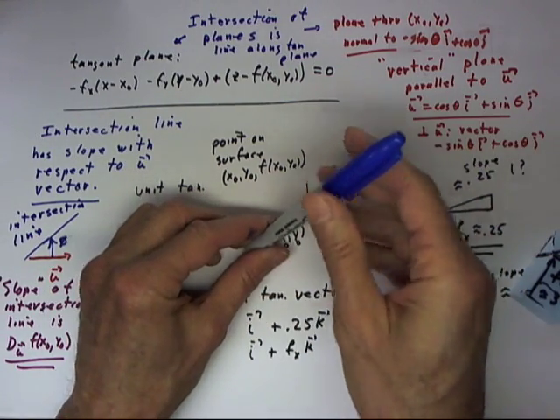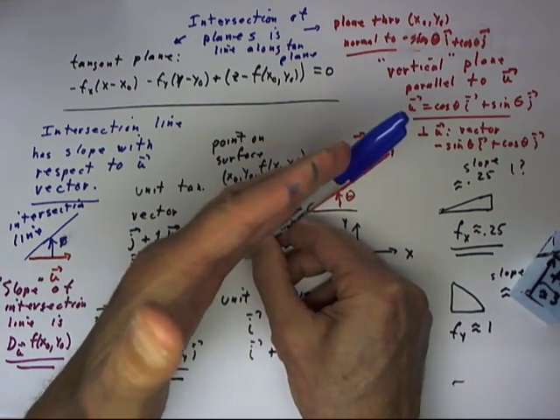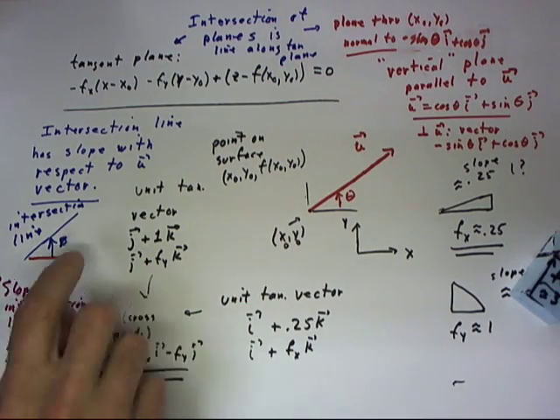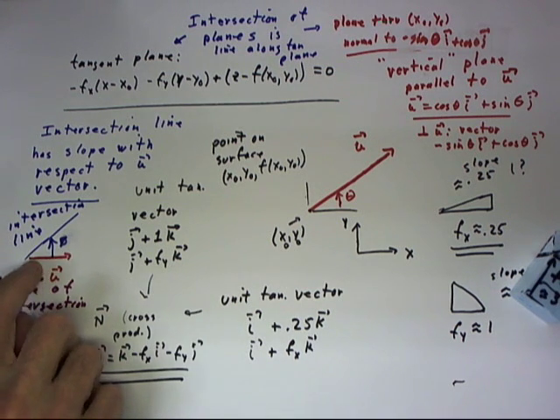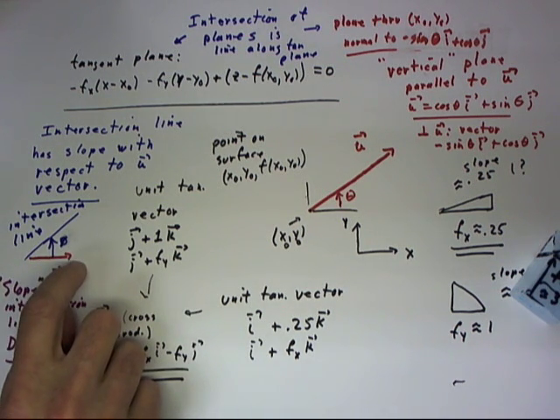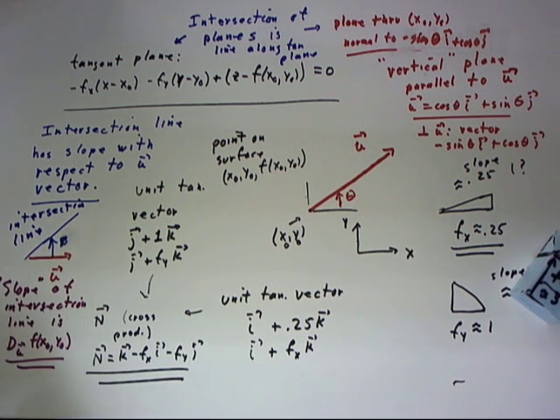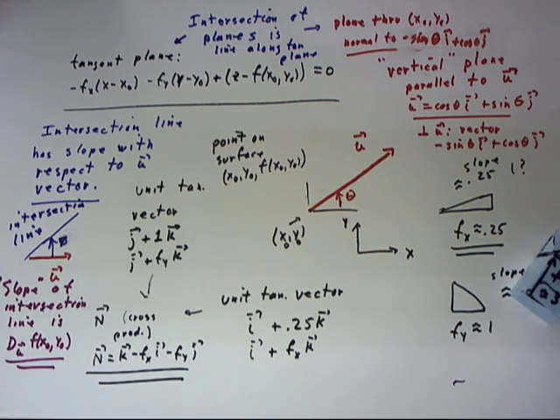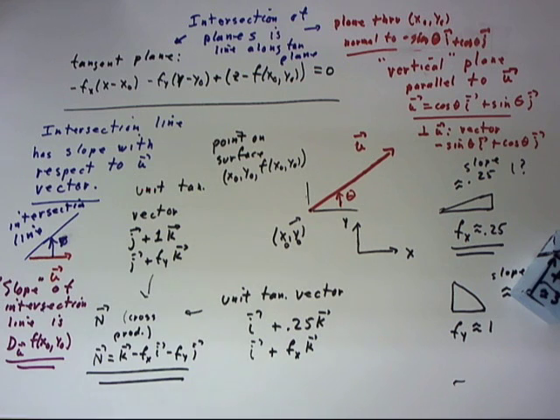Again, the intersection line is represented by this blue line, the direction of the u vector by the red arrow. There's an angle here that I originally called theta. Changed that to phi because, of course, we've already used theta here. So we have the u vector, the intersection line, and the angle between them.